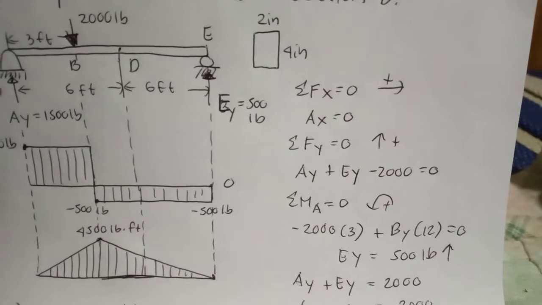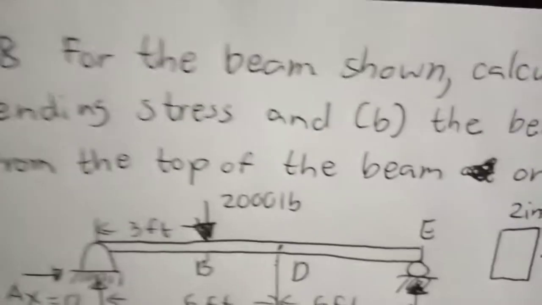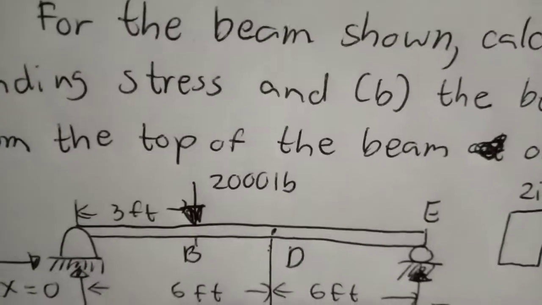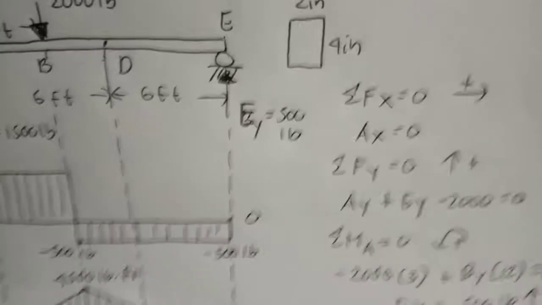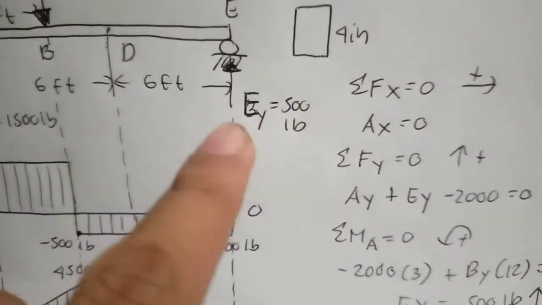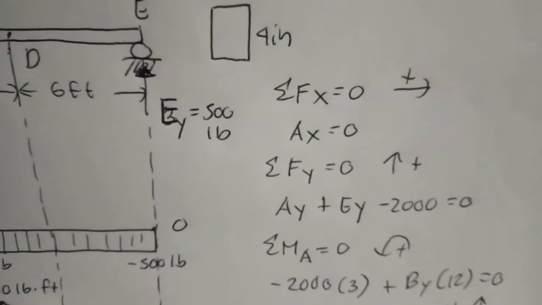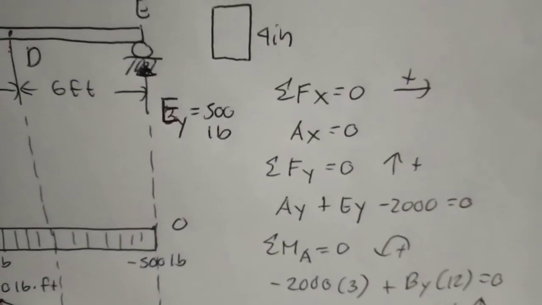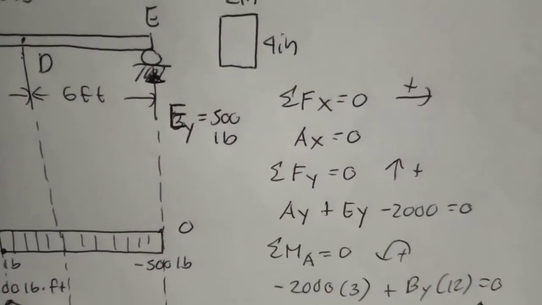Then we have the sum of forces in Y equal to 0. From this beam, we have AY plus EY minus 2,000 is equal to 0. That is your equation by using the sum of vertical forces equals 0.